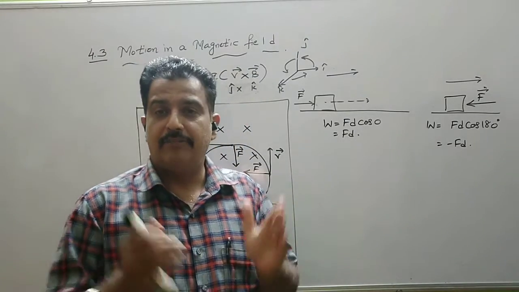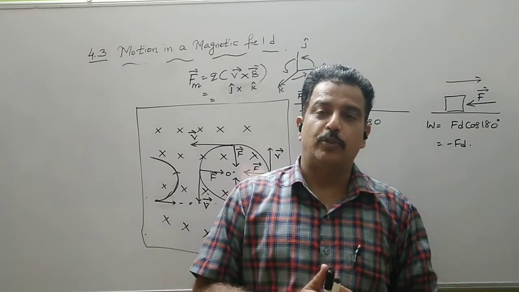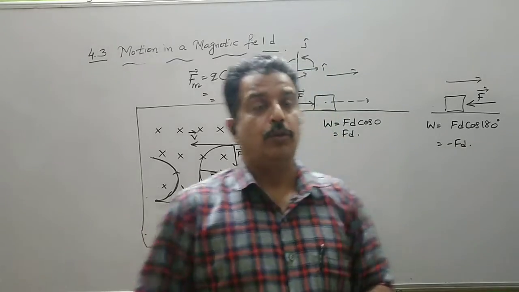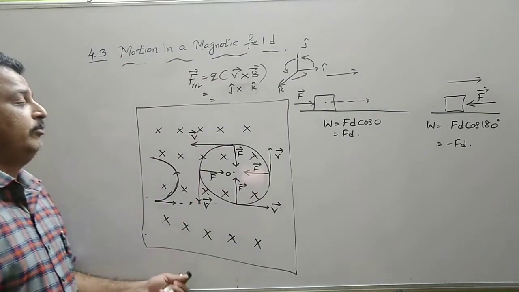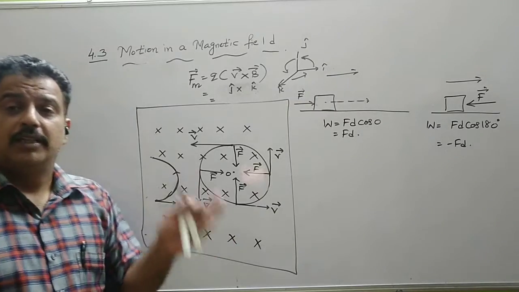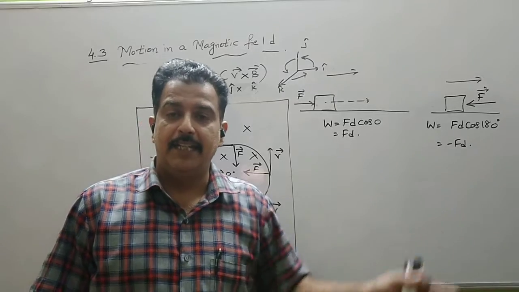But if the force and the displacement are perpendicular to each other, the work comes out to be zero. In this situation, we are not considering the displacement, but we know the direction of the velocity is the same as that of a displacement at any instant.